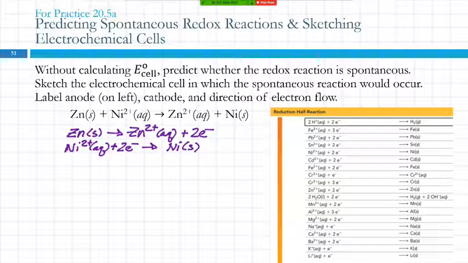Here we can't calculate, but we can look at the table, and what we're looking for is these two half reactions. And okay, here's zinc, and here's nickel.